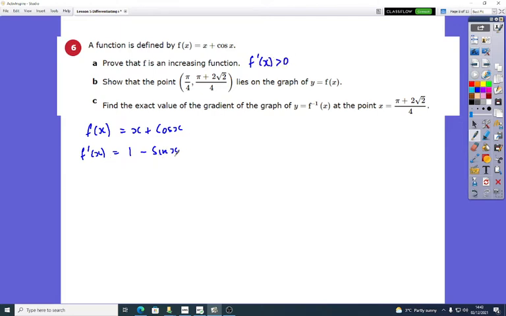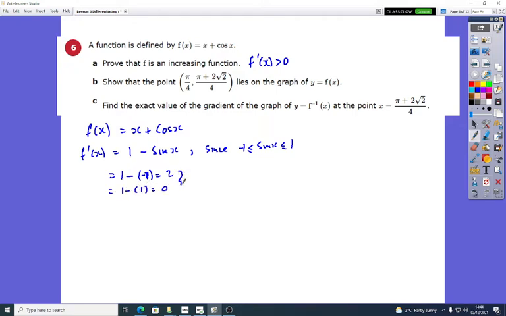And in here, you then state, since sine x is less than or equal to 1 and greater than or equal to minus 1, 1 minus anything there: if I put the lowest value in, minus 1, it's going to give me 2, and if I put 1 minus the maximum value, that's going to give me 0.